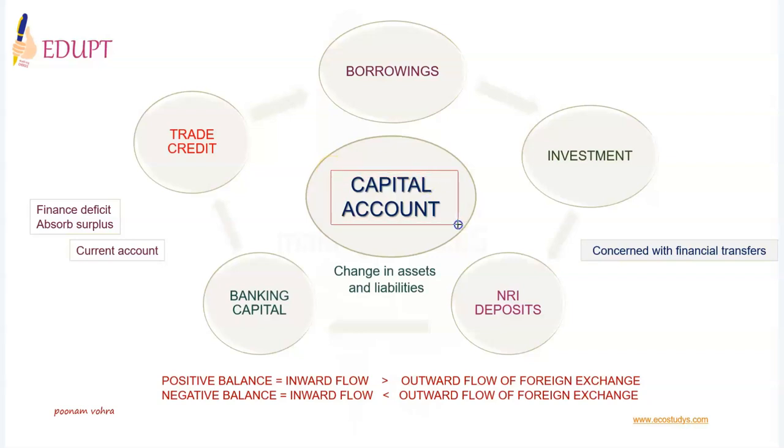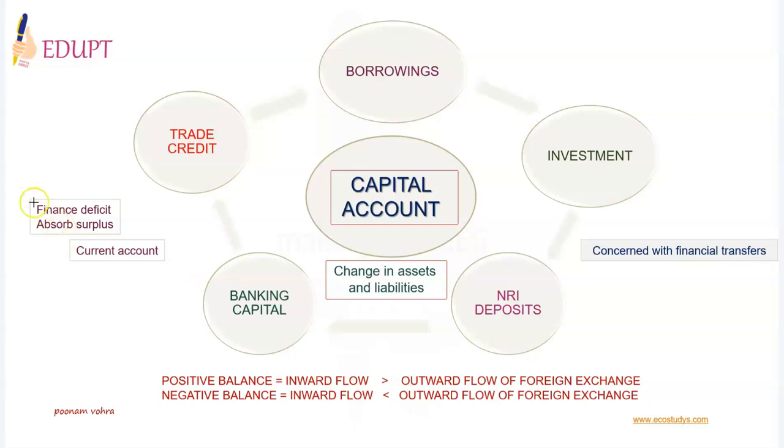Capital account of balance of payment records all those transactions between the residents of a country and the rest of the world which cause a change in assets and liabilities of the residents of a country or its government. So it is related to the claims and liabilities of financial nature.